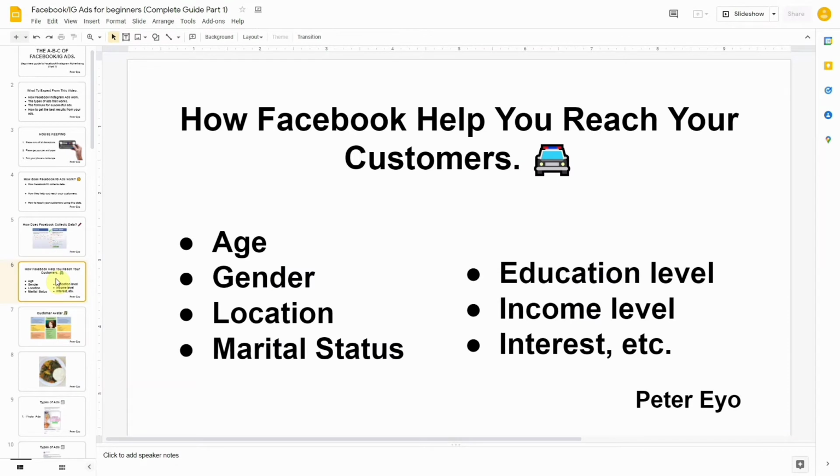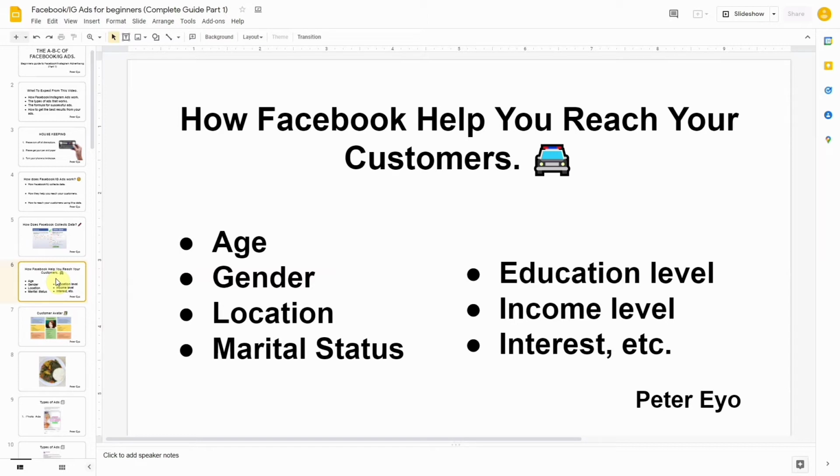So how does Facebook help you reach your customers? Like I said, Facebook collects a lot of data, and this data is given to you as a business owner who wants to run ads on their platform. With this data, you can target your customers.